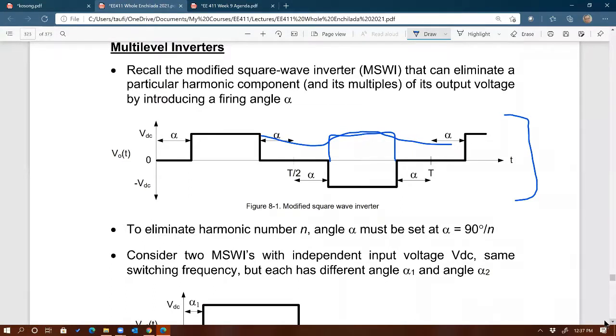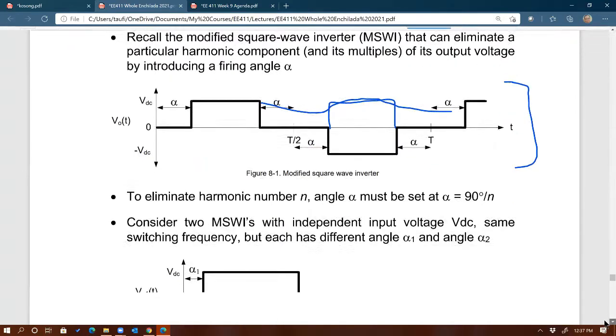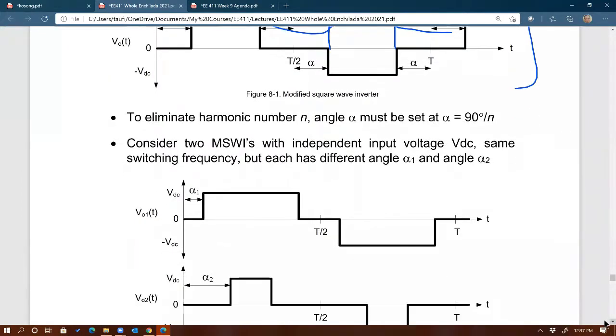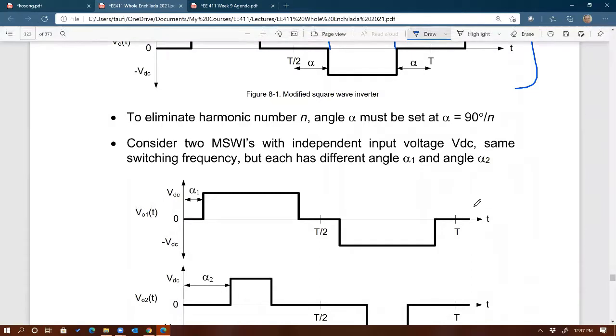But for other applications that require a sine wave, such as a motor, for example, if you connect this to a motor, then that's going to be a problem. A motor expects you to supply a sine wave as much as possible. The reason being, you have different voltage applied to the motor, and that affects the way the magnetic field is produced in the motor, which creates torque.